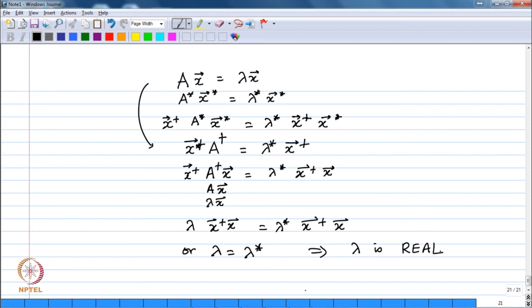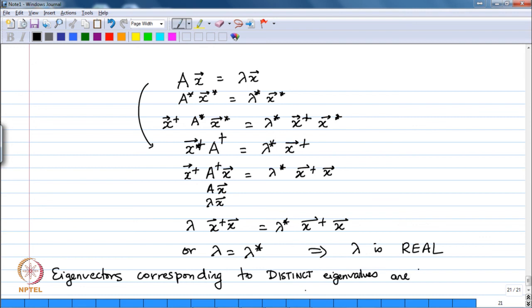Further, eigenvectors corresponding to distinct eigenvalues are orthogonal.